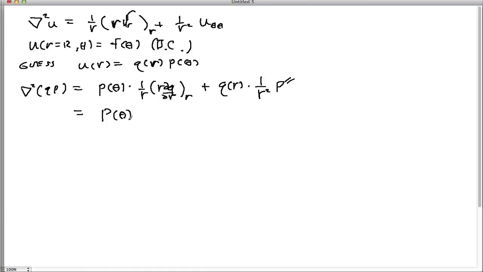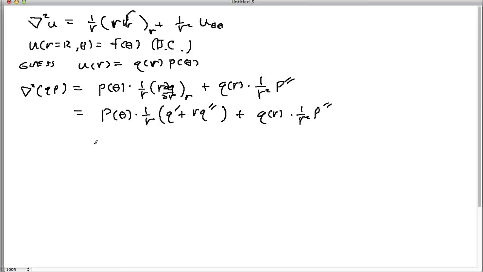P of theta, and that's going to be 1 over r. And what we have here is we have to do the product rule. So we have Q prime, which is a derivative with respect to r, plus r times Q double prime with respect to r, plus Q r times 1 over r squared P double prime.